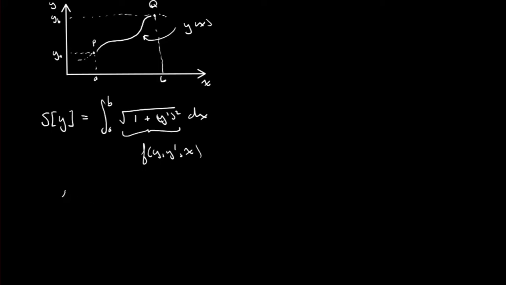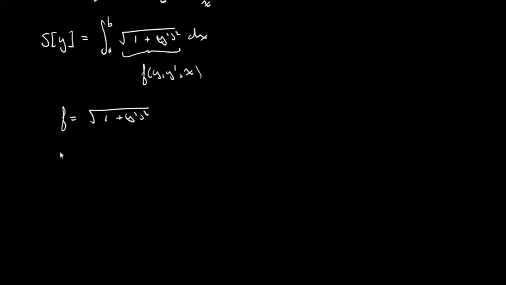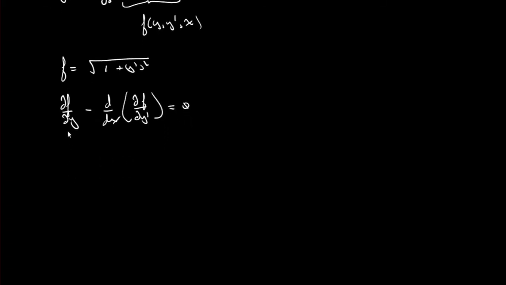So we have f equal to root 1 plus y prime squared, and we aim to solve the Euler-Lagrange equation for this problem, which is the statement that df/dy minus the total derivative of df/dy prime should vanish. So we need to compute first df/dy, trivial.